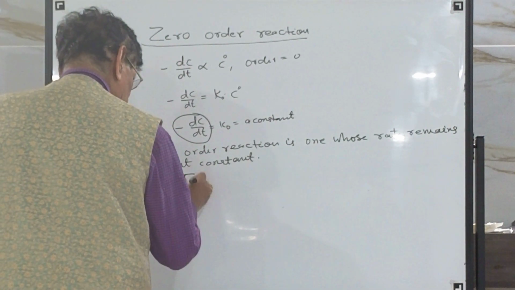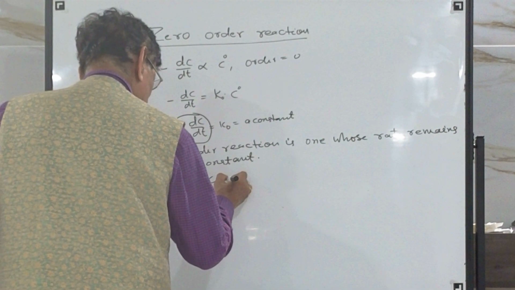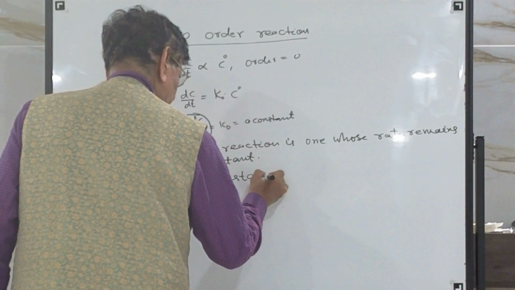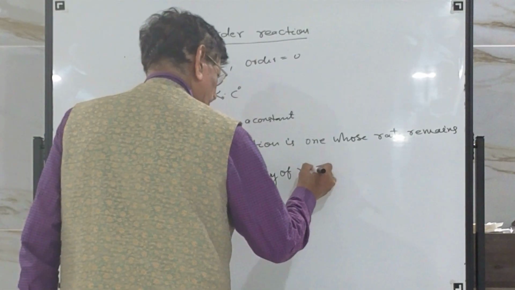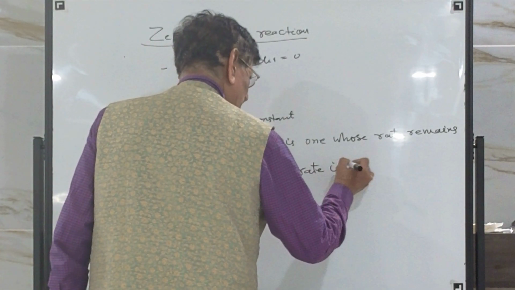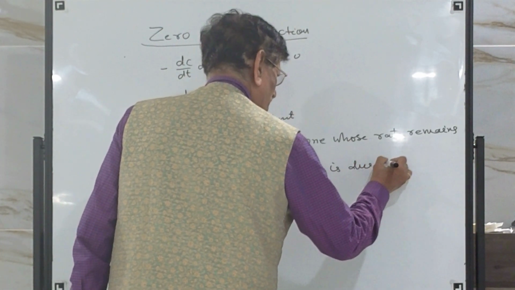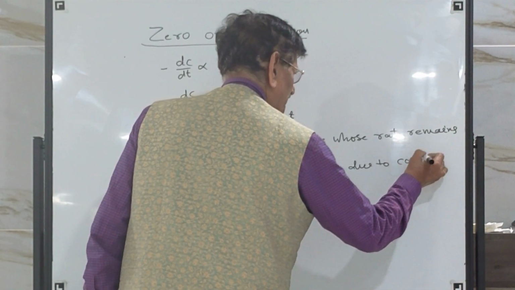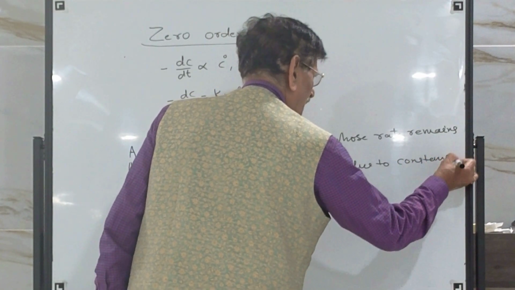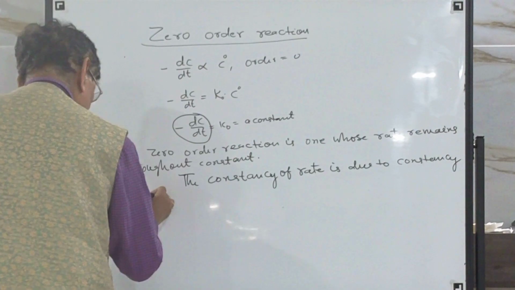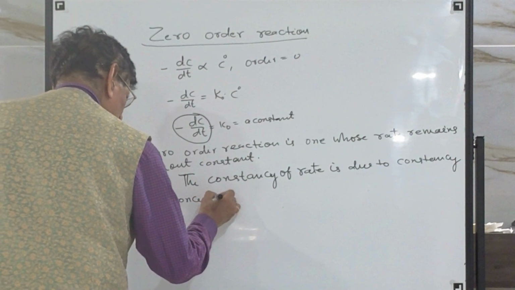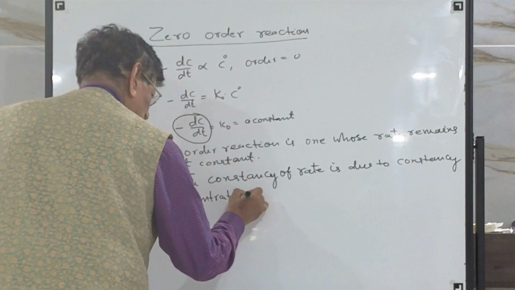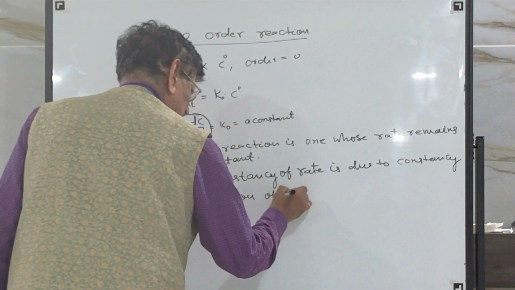The constancy of rate is due to the constancy of the concentration of the reactant.